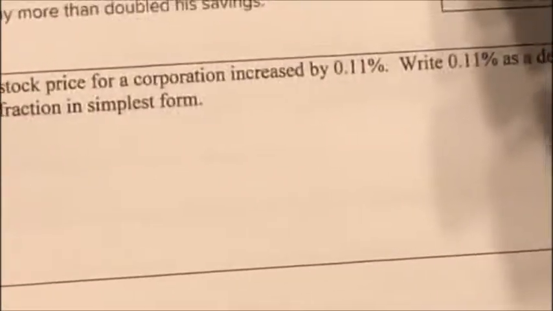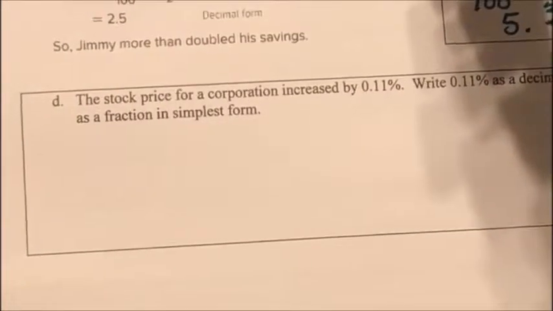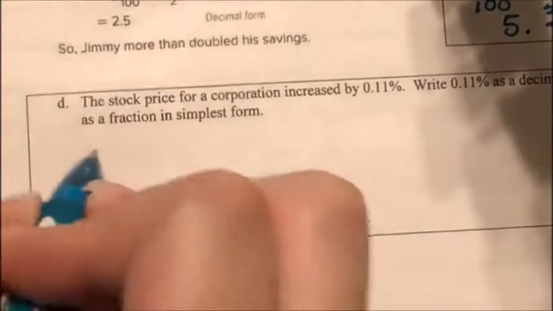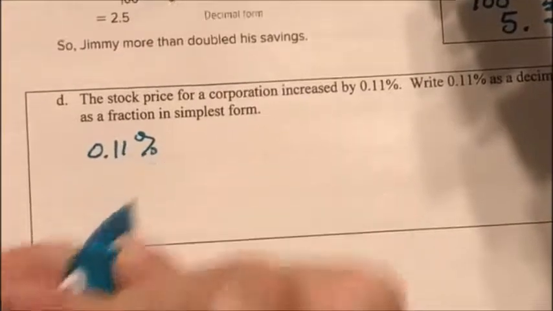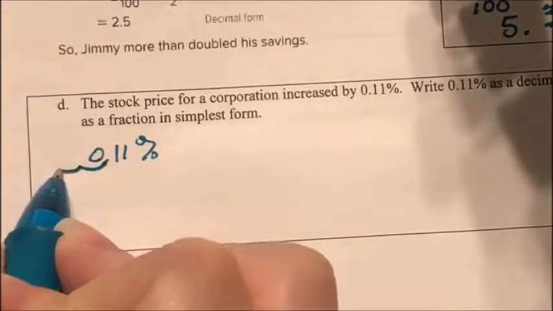Letter D says the stock price for a corporation increased by 0.11%, write 0.11% as a decimal and as a fraction in simplest form. Okay, so I'm going to take this decimal, I'm going to move it 2 places to the left.